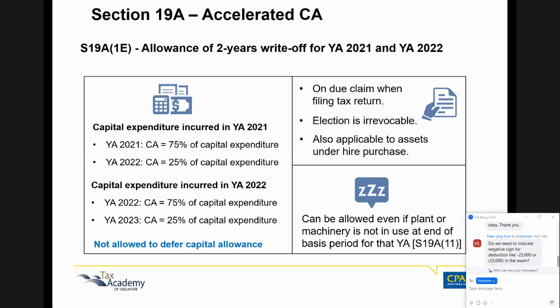And for those doing accounts and tax, the good thing is that once you finish the claim, you don't have to track these assets anymore. If not, it can be quite painful if you're tracking over 10 years. So it's quite usual that we see companies accelerate their claim for CA.